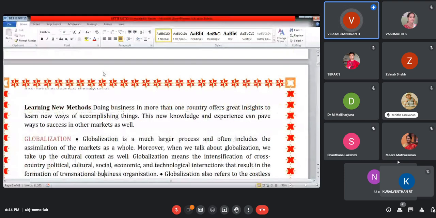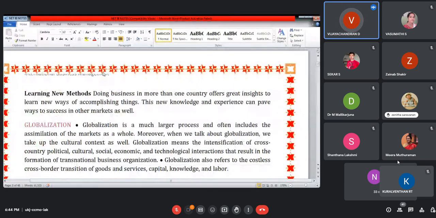And learning new methods. As you know, if you are doing business in more than one country, you can have new technology, new methods, new experience. Otherwise, your business will be confined to only one country. See, I am telling you, now we are only with 5G, but in foreign countries they are moving into 7G.